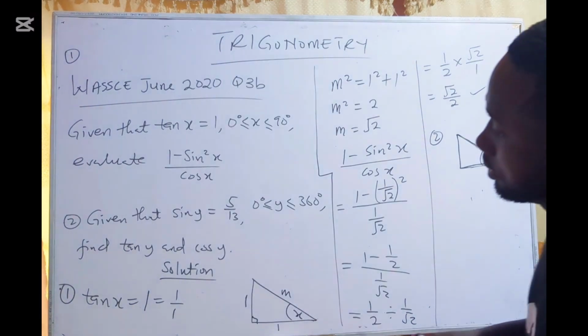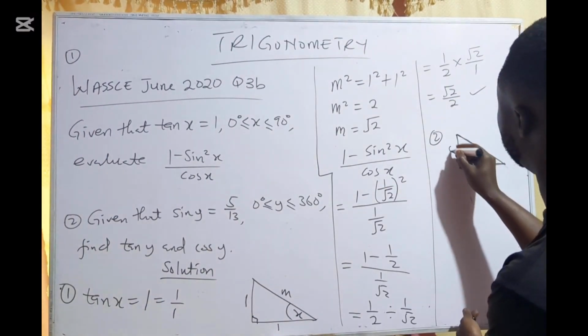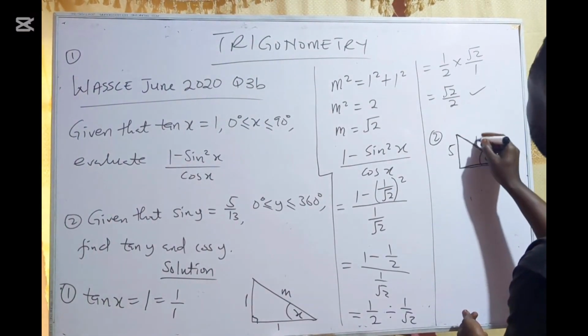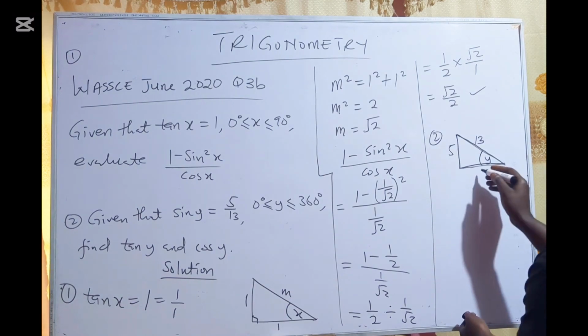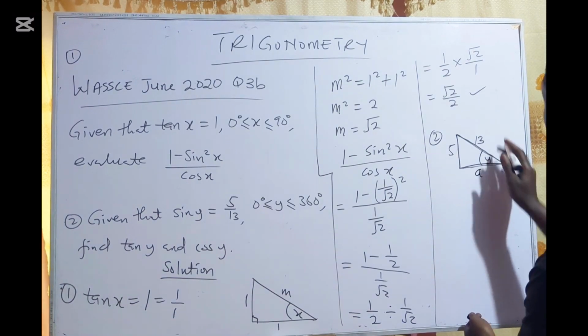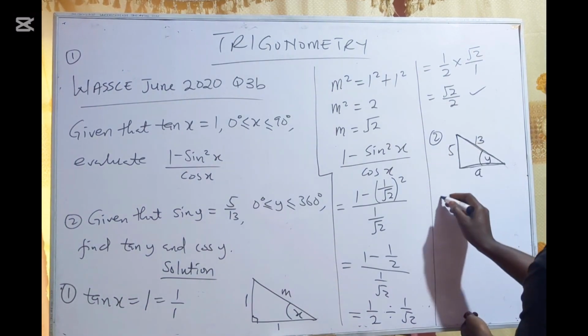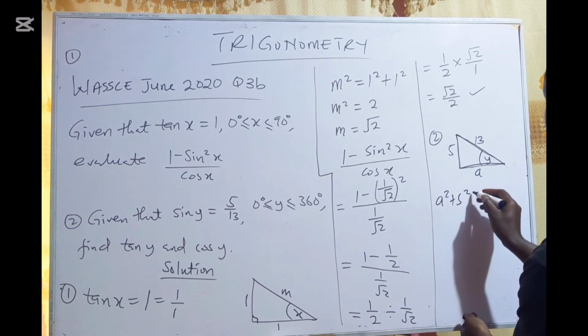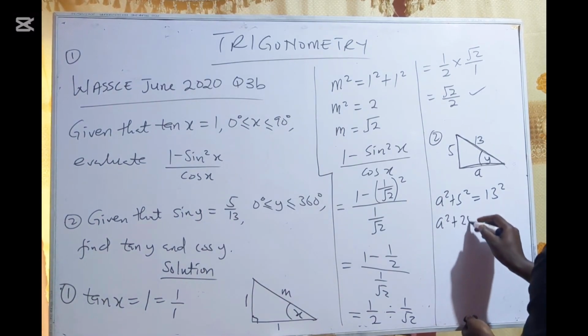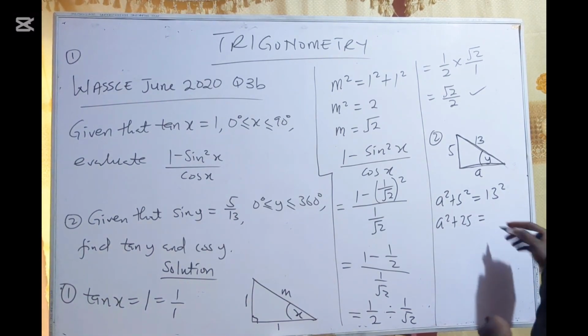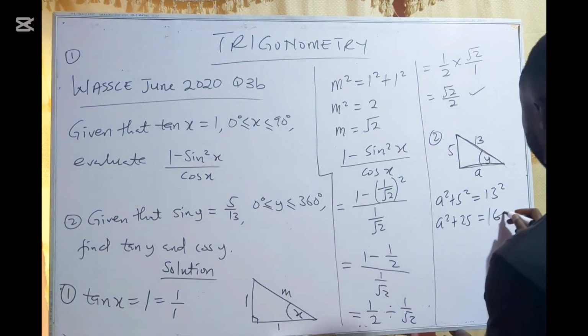So y, sine is opposite, 5, over 13, the hypotenuse. So let me see, here is a. It means that a square plus 5 square is equal to 13 square. A square plus 25. 13 square is what? 169.